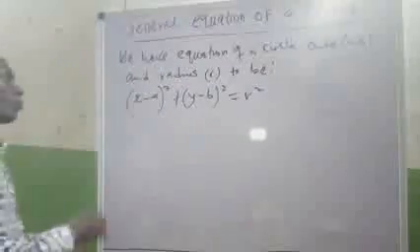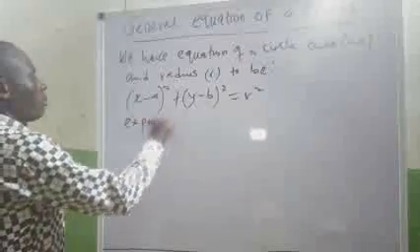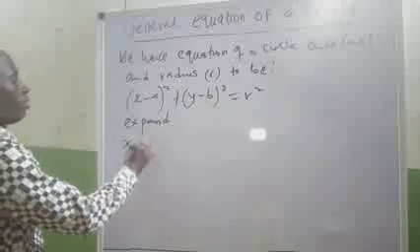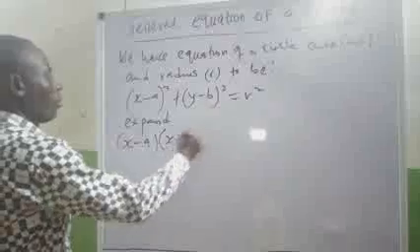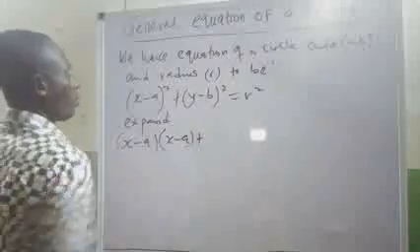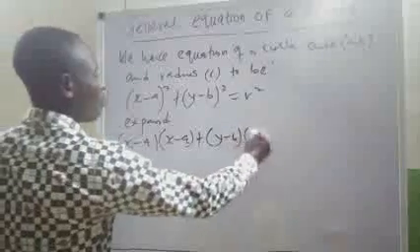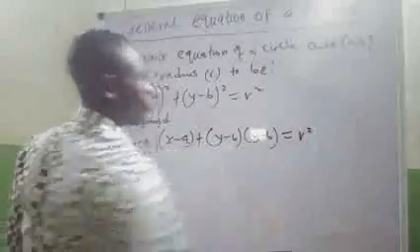If we expand this, this equation will give us (x minus a)(x minus a) plus (y minus b)(y minus b) is equal to r squared.